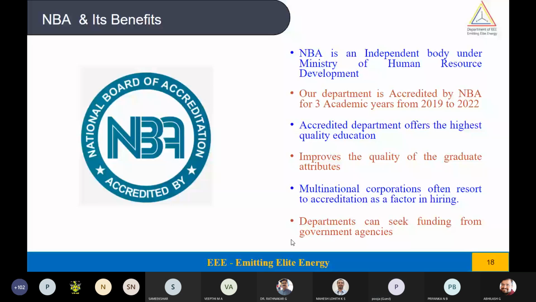Also, when you want to get recruited, the recruiting agency will see that you are from a college with accreditation, and definitely you will be given priority and preference when they hire. Also, as a faculty and department, we can get some funds because our teaching and learning processes are of the highest quality, and we can use those funds to enrich and build our labs. So these are the NBA and its benefits.